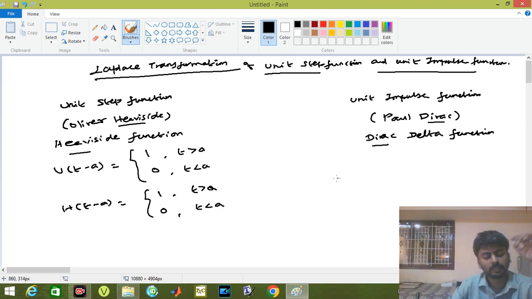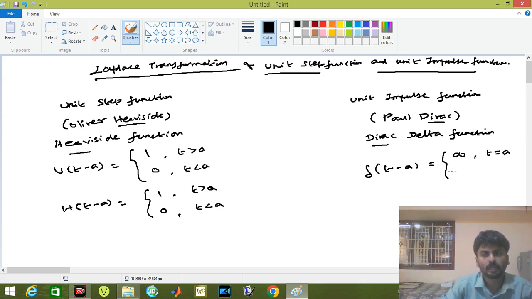Okay, whereas the Dirac delta function is given by delta of t minus a. Delta of t minus a, that is given by infinity when t equal to a and 0 when t not equal to a. Now you can easily understand, at t greater than a the value becomes 1, at t equal to a the value becomes infinity, at t less than a the value becomes 0.